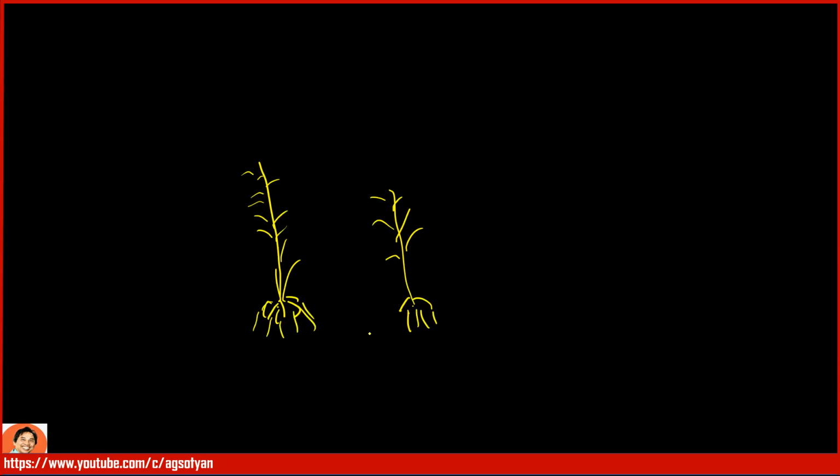So let's say this is the club moss. It has real leaves and stem and also thicker roots.